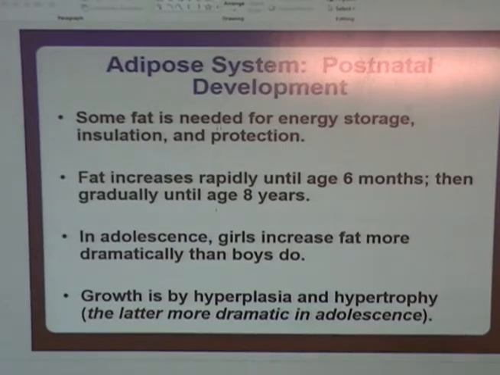The fat cells get larger. We put more fat into them and we store more fat. And that hypertrophy is very dramatic during adolescence, during puberty and into adolescence, right? So the body is starting to store triglycerides, fats, in these cells when we hit puberty. Okay?